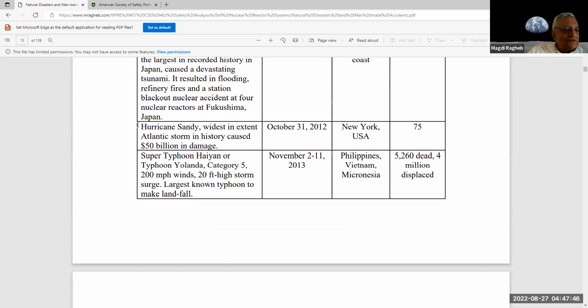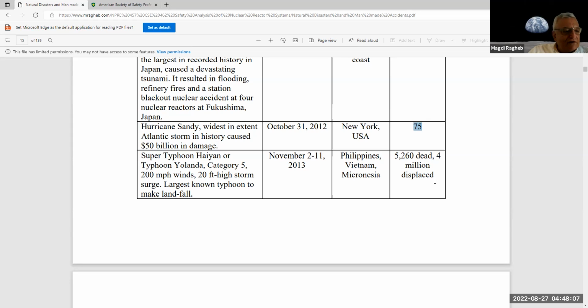And in the United States in our lifetime too, this was Hurricane Sandy. It happened along New Jersey and New York in 2012 and caused the deaths of 75 people, but lots of destruction. The power lines were above ground when they should be underground.